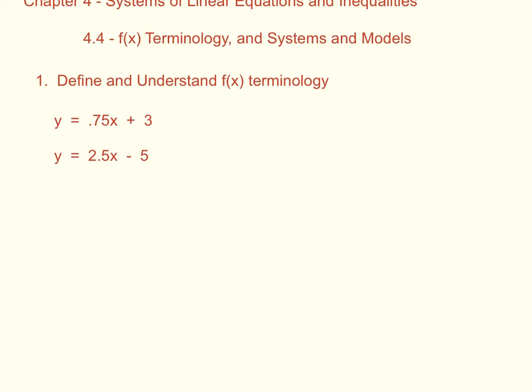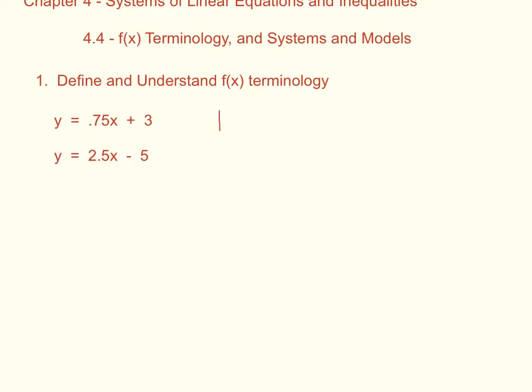So we have two linear equations, y equals 0.75x plus 3 and y equals 2.5x minus 5. Now if somebody asks you the question, what does y equal when x is 4? Right now you could not answer that question. Why? Because you have two equations, both starting with y, the dependent variable. So what we do is we rename the equation.